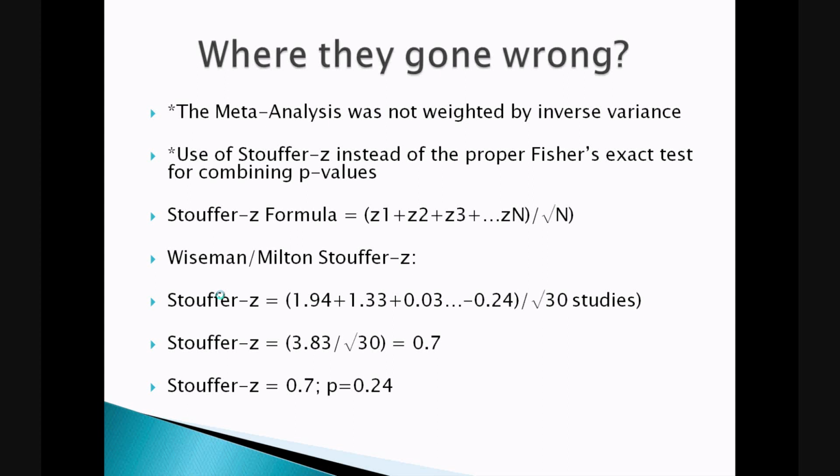So basically, Richard Wiseman and Milton added all the z-scores of the 30 studies and then divided by the square root of 30. If you add up all the z-scores, you end up with a value of 3.83, and if you divide it by the square root of 30, you end up with 0.7, which is this one. Furthermore, if you convert the Stouffer Z into a p-value, the p-value is 0.24. Now, this was a mistake in the meta-analysis.